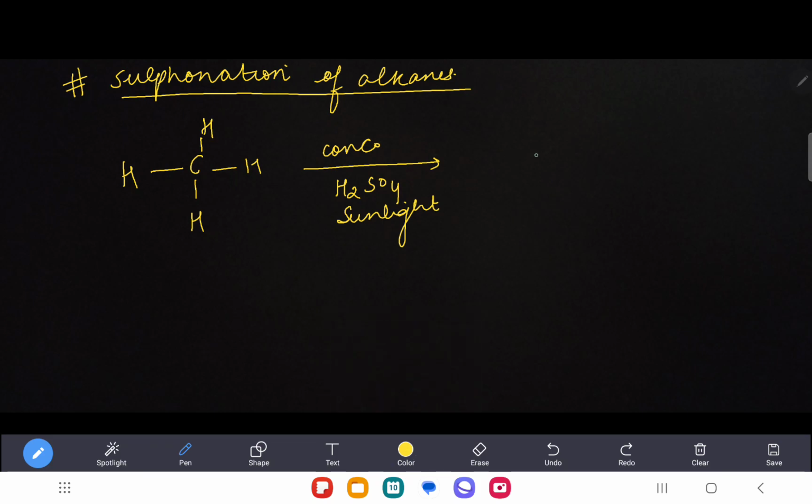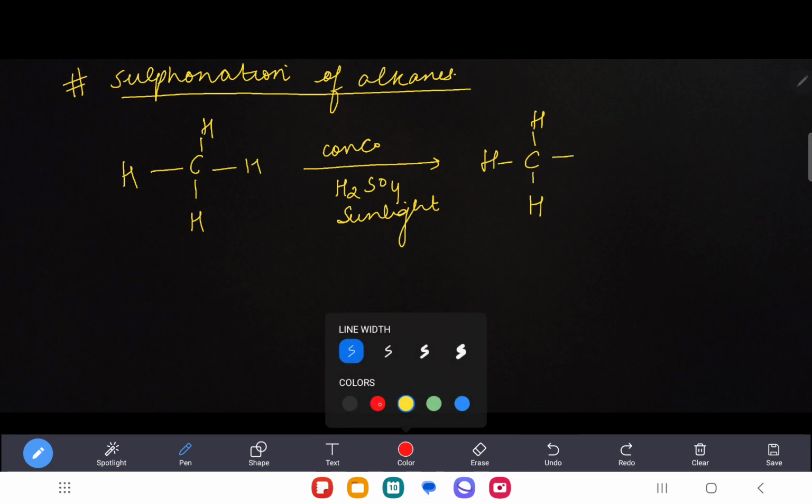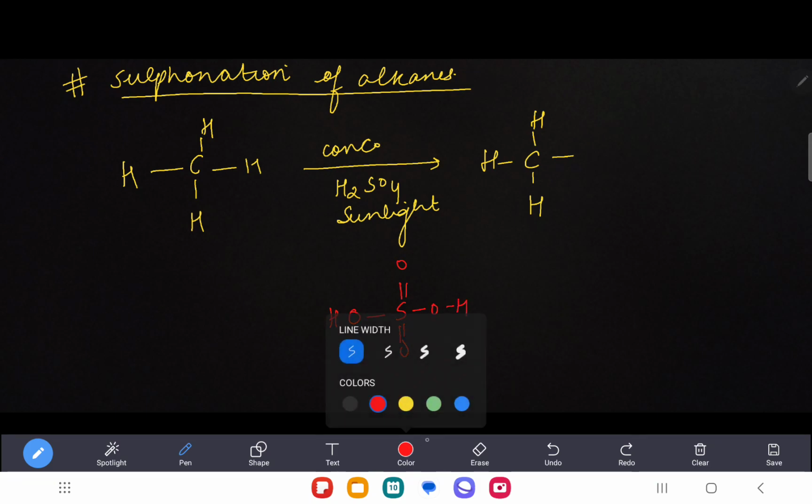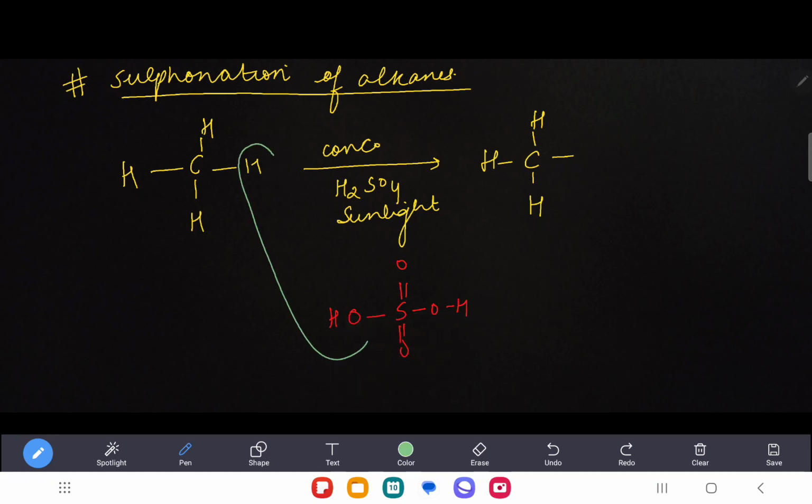It is going to form CH3, and the structure of H2SO4 is like this: OH, SO3H. So this H and this OH will form water, and the remaining SO3H group connects here in place of that particular H. So this H is basically being replaced by the SO3H group.